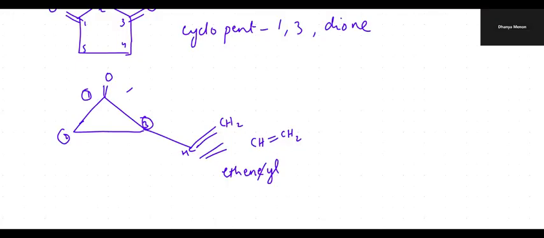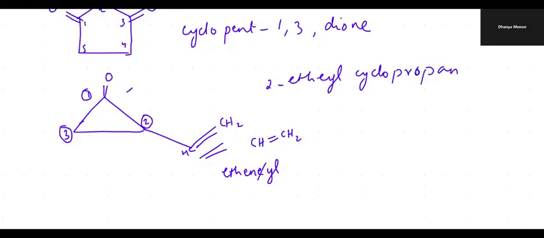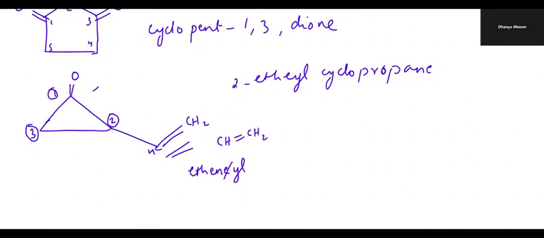Sorry, this numbering is wrong. This should get the second position, right? Because there's a substituent here. So at the second position, what is my substituent? Ethenyl, and cyclopropane, propane, because there are all single bonds. 1-one group.